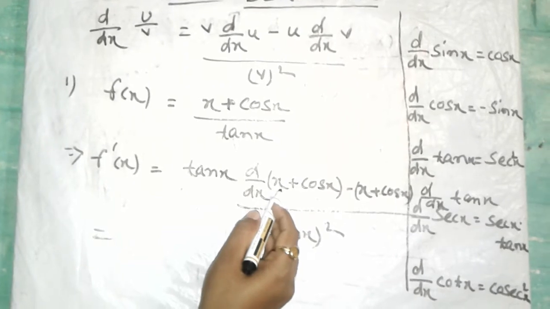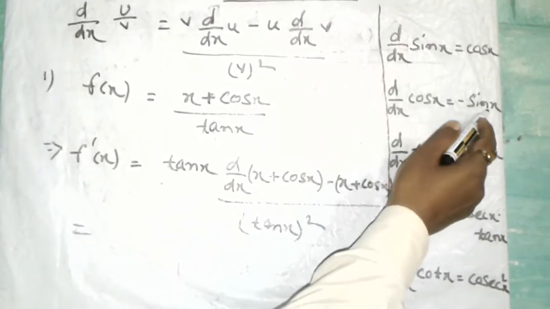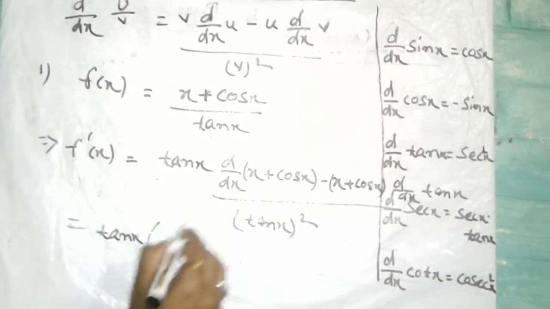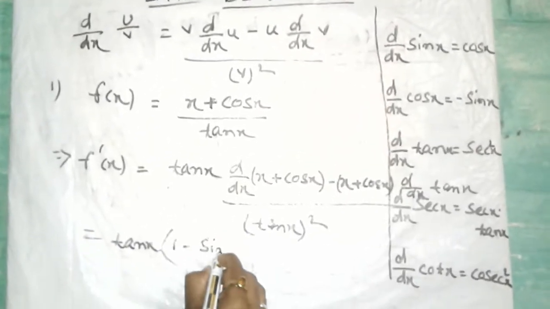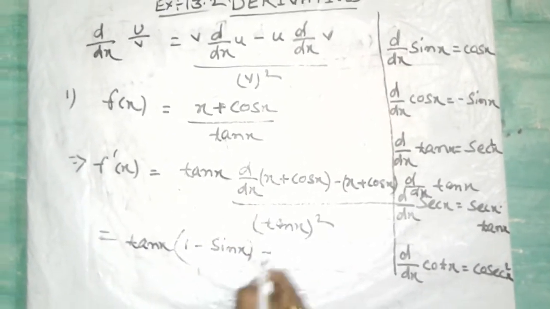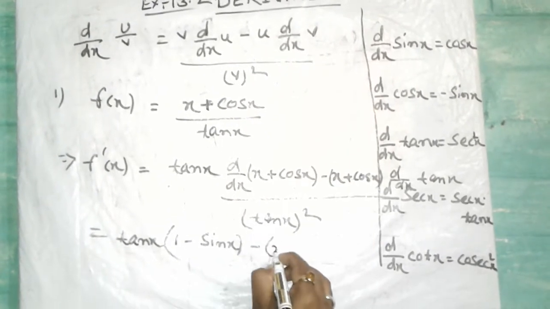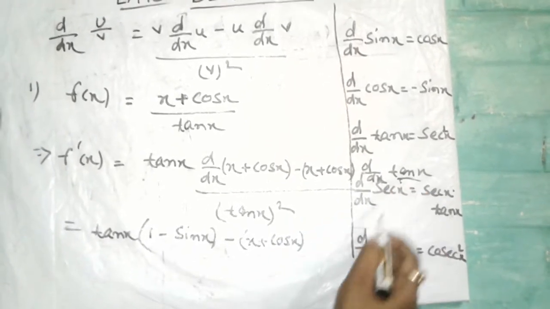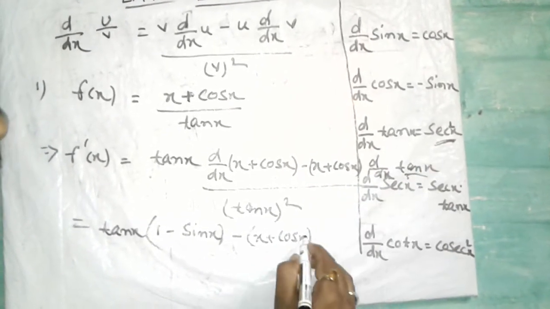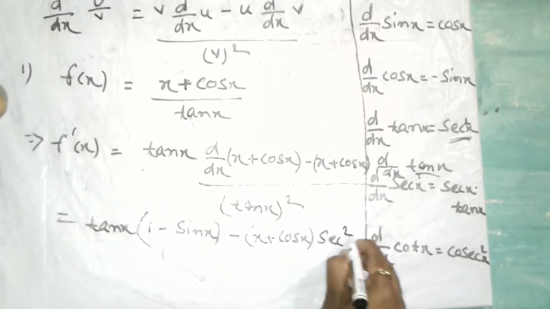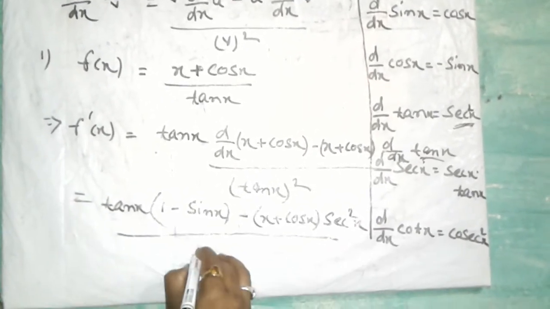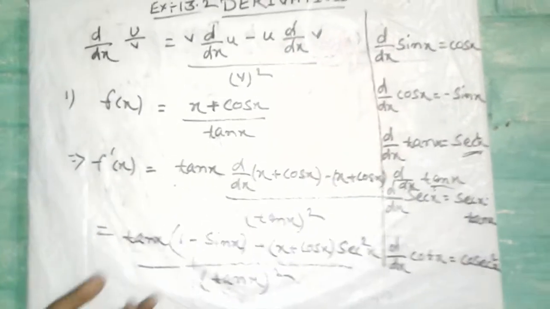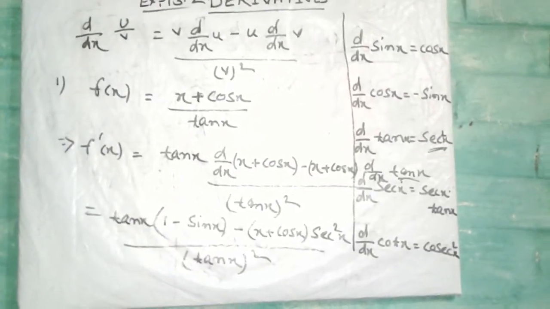We have to remember ddx of x is 1 and ddx of cos x is minus sin x. So we will get tan x times (1 minus sin x), then minus x plus cos x, and ddx of tan x is sec square x. So I can write sec square x by tan x whole square. Whether we multiply this out or leave it here, this is the answer.